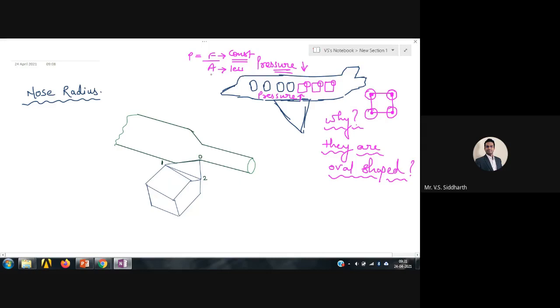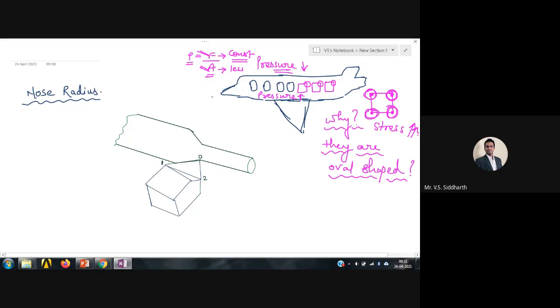When the numerator is constant and the denominator is reduced, will the fraction increase or decrease? The fraction will increase. So at this particular point, the stress will be very, very high.